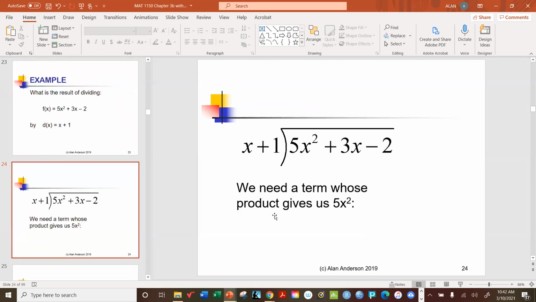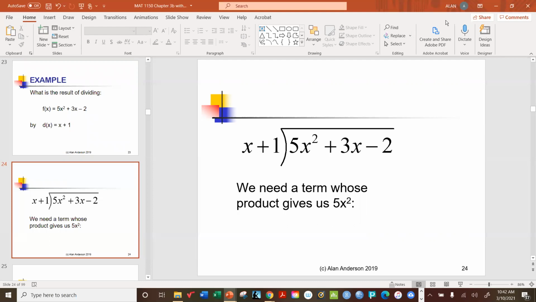So there's the setup, with a fancy division sign instead of the flat one I had. It's fancy division time. Oh, somebody's got it.